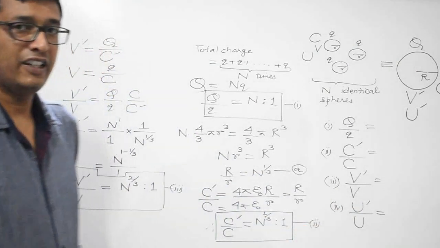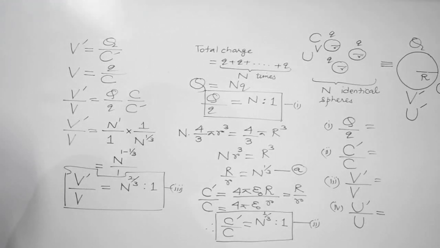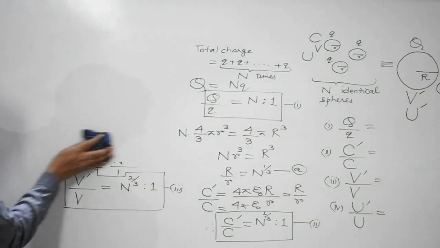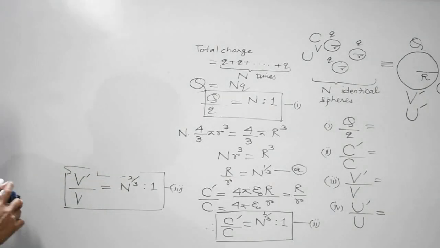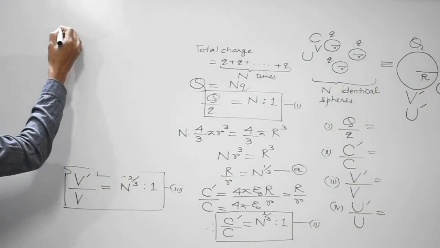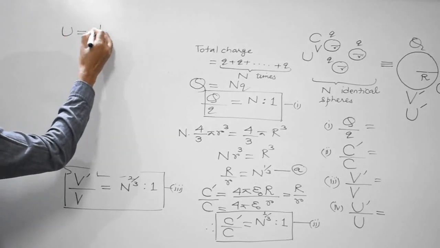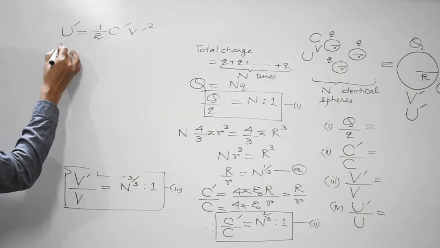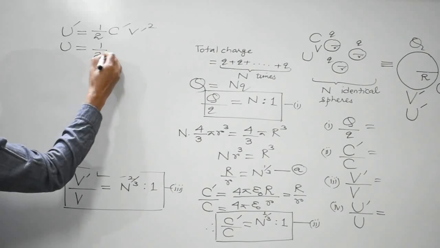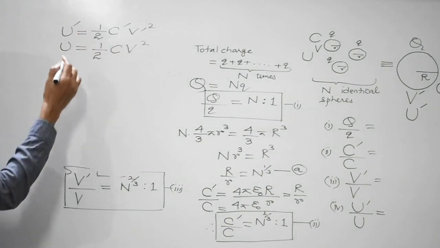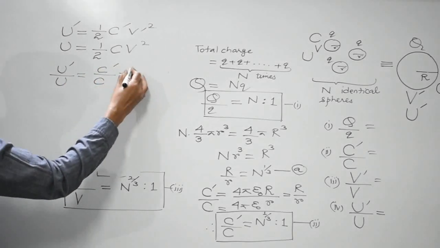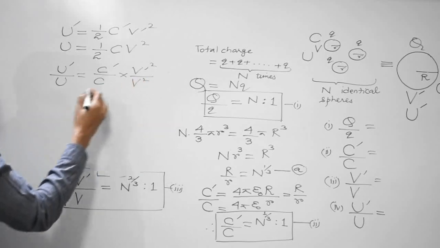Students, the last part is left, energy. Here we can make use of half C V square, isn't it? So for energy, which is the fourth part, energy is half C V square. Suppose U dash is half C dash V dash square, and the energy of the smaller one would be half C V square. So let's take the ratio. U dash by U would be equal to C dash by C into V dash square divided by V square.